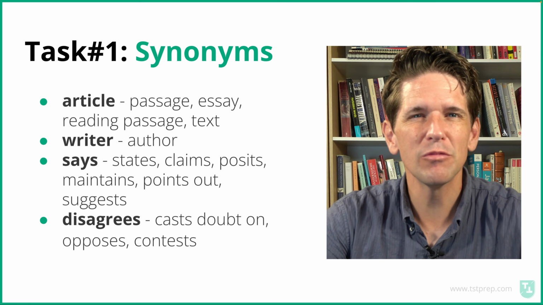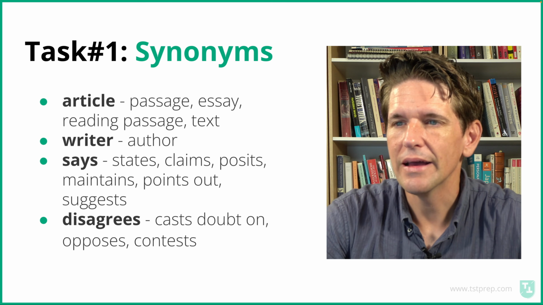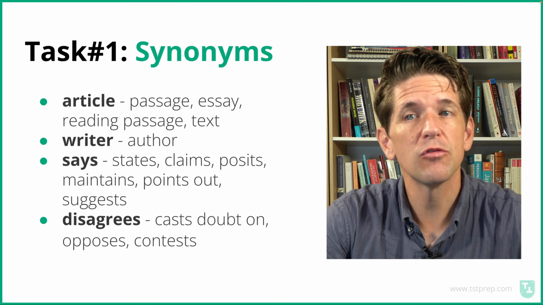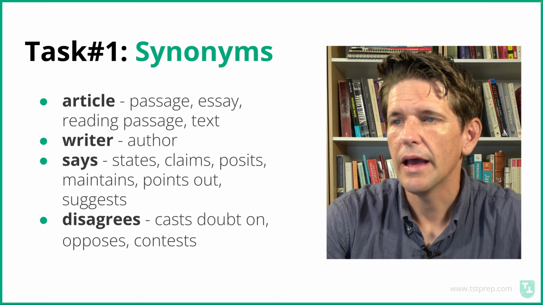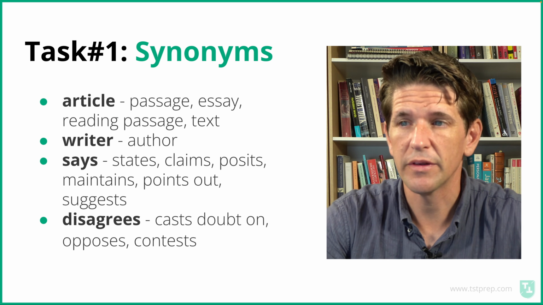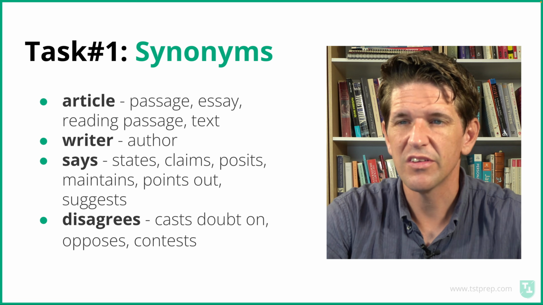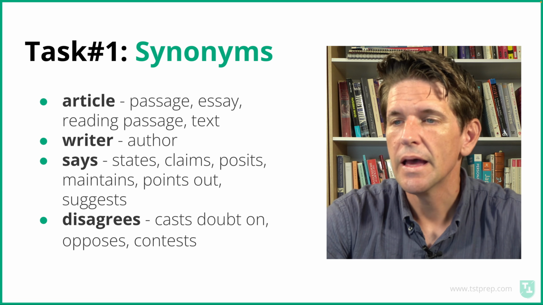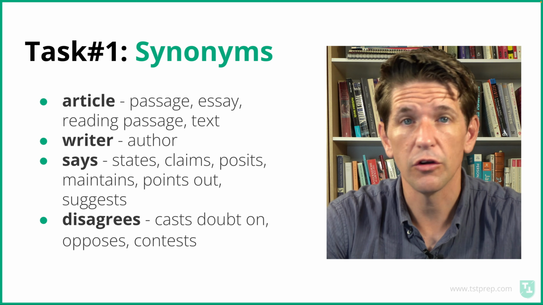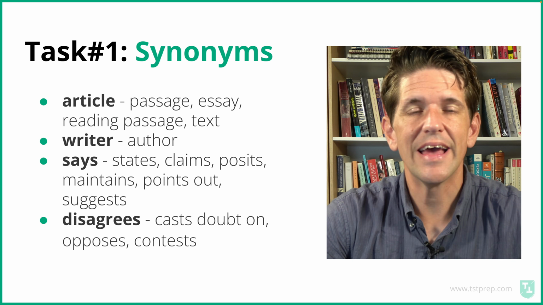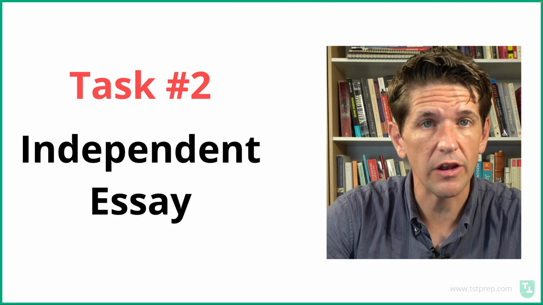If you guys know one, please let me know. Instead of says, we can say states, claims, posits, maintains, points out, suggests. And there's more than that, actually, but those are just a few examples. Says, there's a lot of things you can say. And disagrees, you say cast doubt on. This is a good phrase, hard to use. Opposes and contests. There's some useful synonyms.